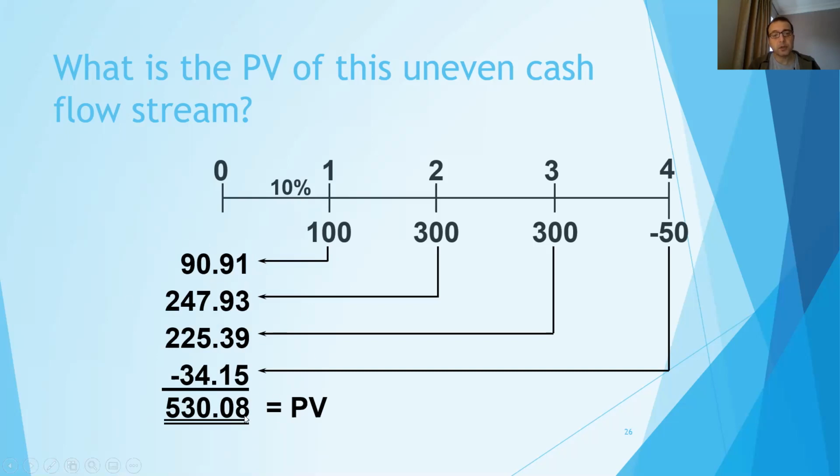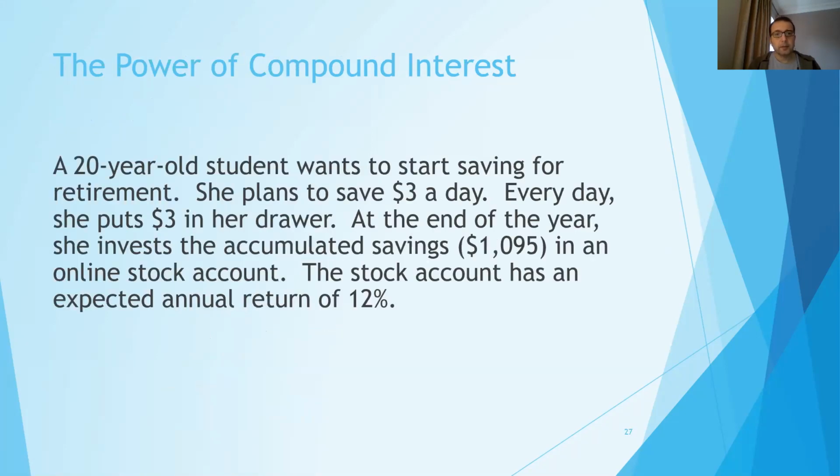Then the summation of all these present values gives you the present value of this cash flow stream, right? So we don't have any formula for that. We have to do it manually, one by one. Okay.